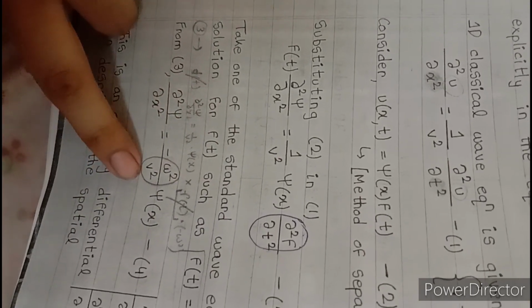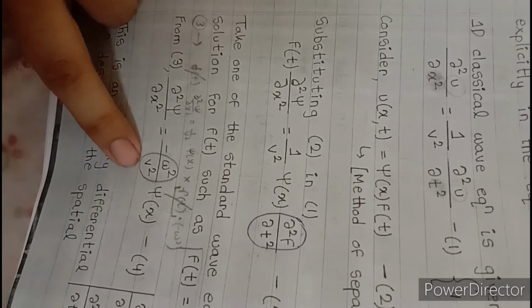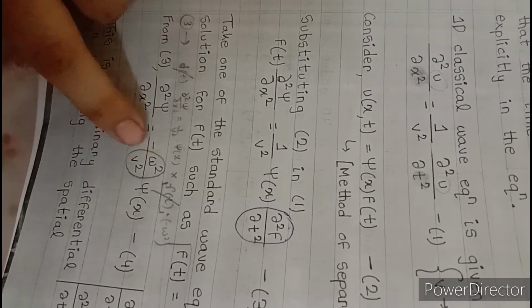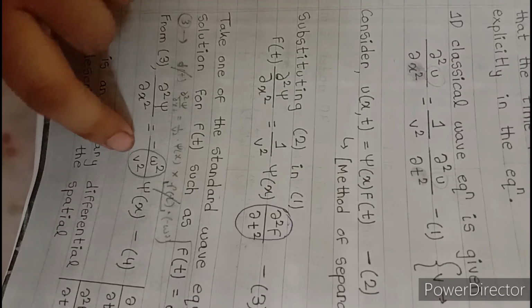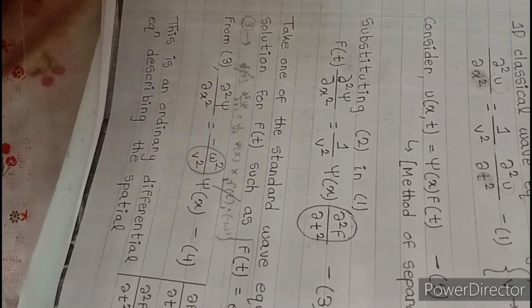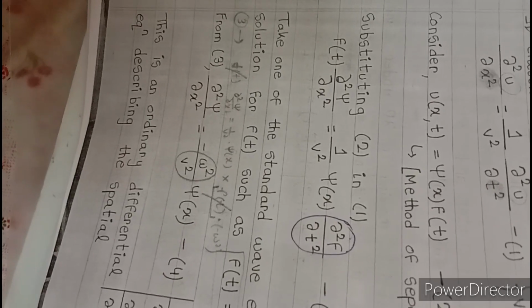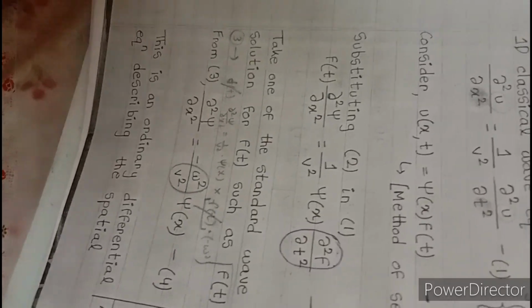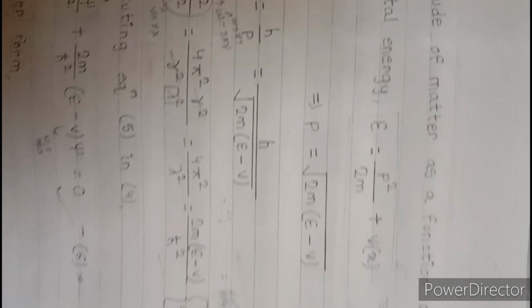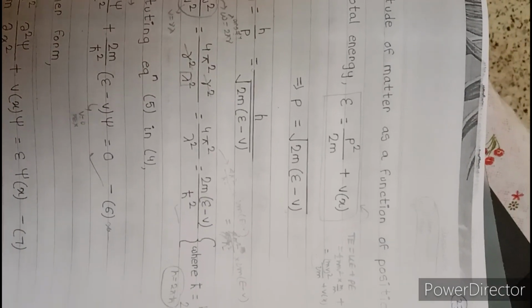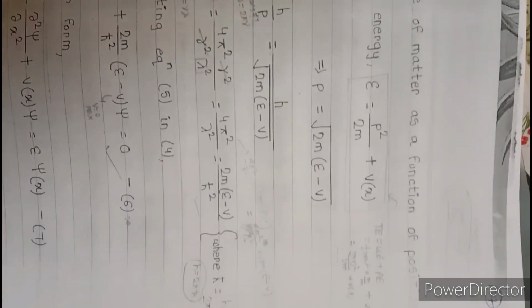And then we have to calculate the value of ω²/v². This is an ordinary differential equation describing the spatial amplitude of a matter wave as a function of position.